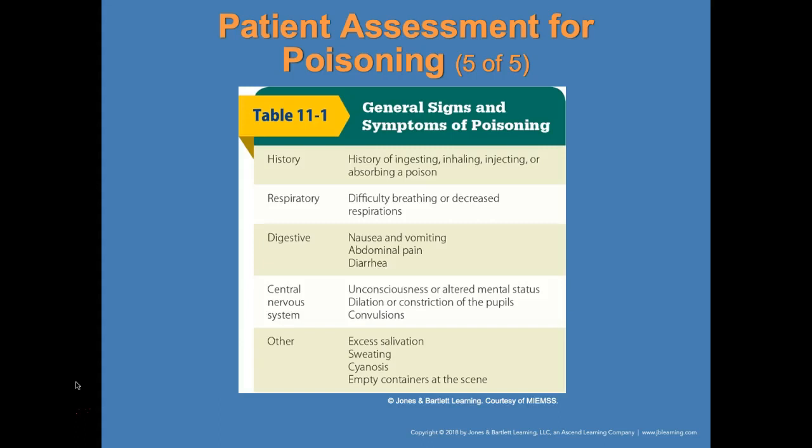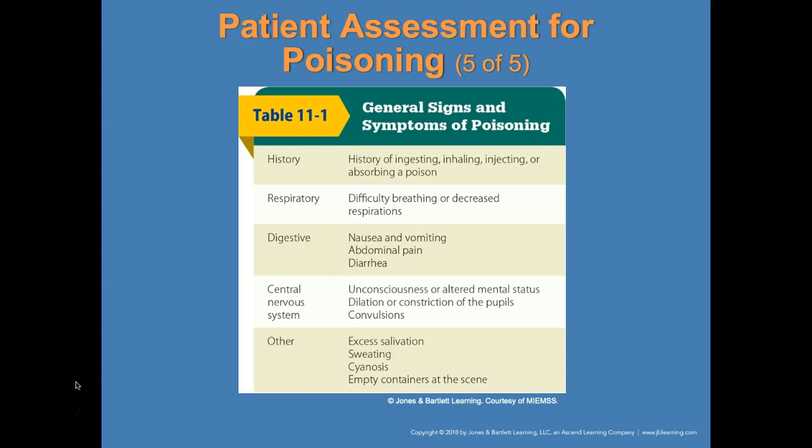So some of our general signs and symptoms of poisoning, if they have a history of ingesting, inhaling, injecting, or absorbing a poison. Some signs and symptoms, we're going to see difficulty breathing or decreased respirations. In the digestive area, we'll see some nausea and vomiting, abdominal pain, diarrhea.